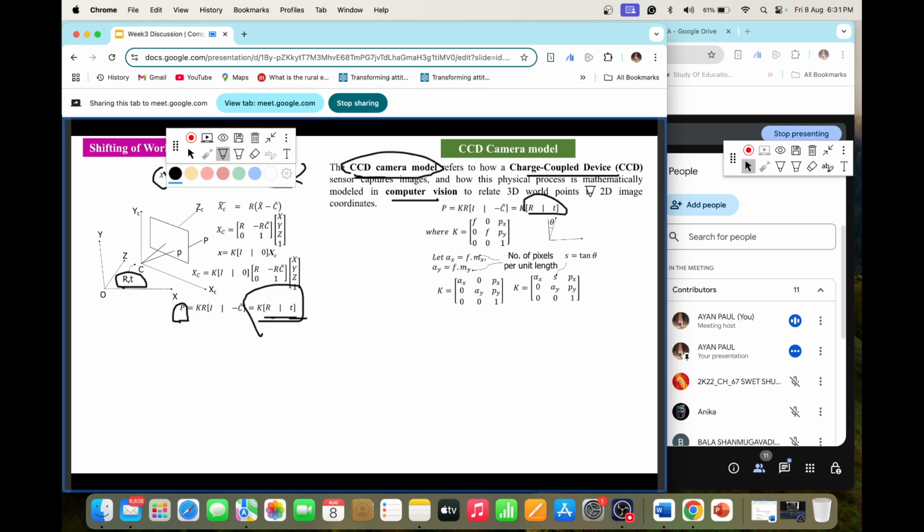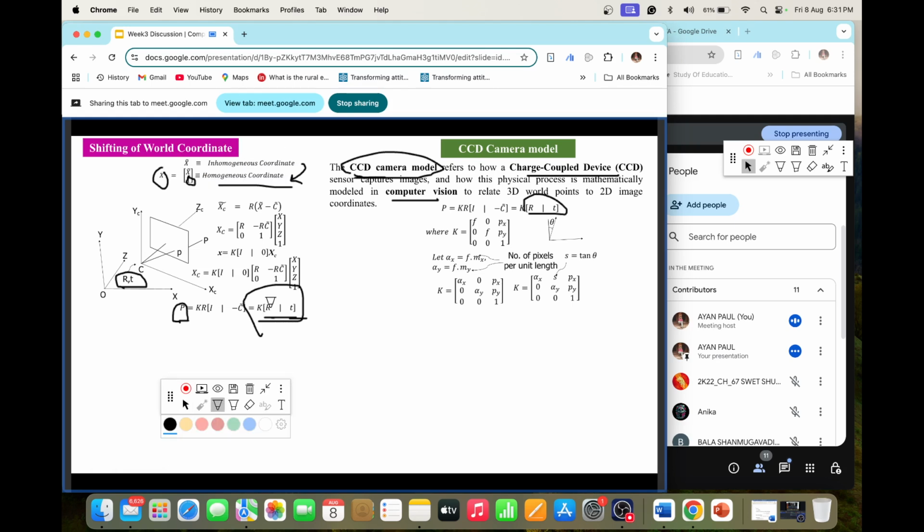So what does the CCD camera model introduce? The shifting of the world coordinate will remain the same, that means this portion will remain the same. The changes will be about the K matrix, that is, the camera calibration matrix. Earlier we had f and f, that is the focal length.